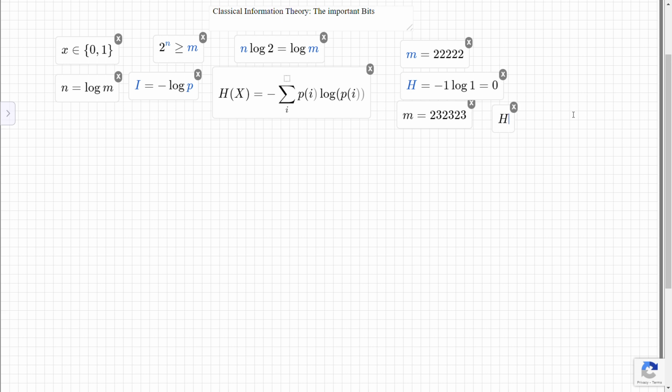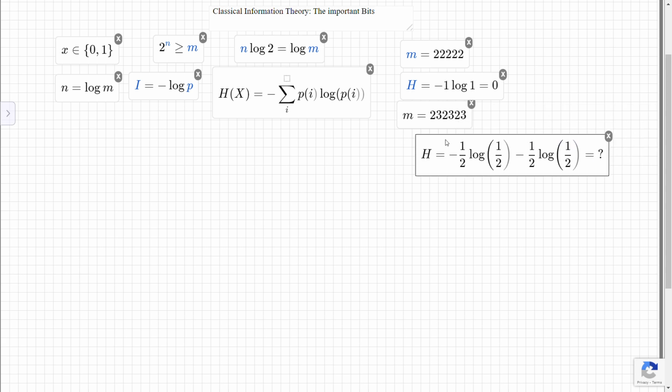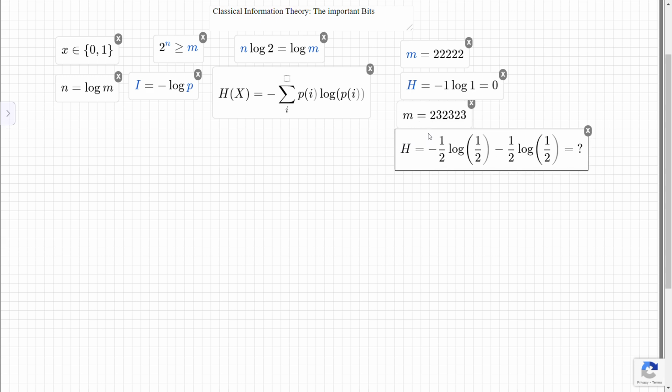So the entropy, you can write it as minus 1 upon 2 times log of 1 upon 2, and then minus 1 upon 2 log of 1 upon 2, right? So this is going to have some answer. We are not really interested in that answer right now.